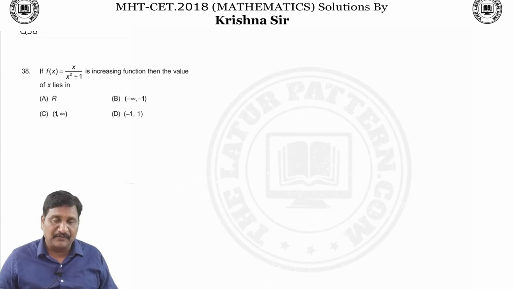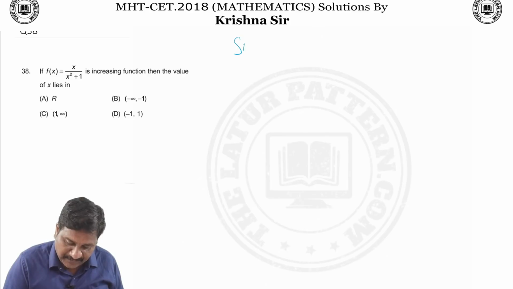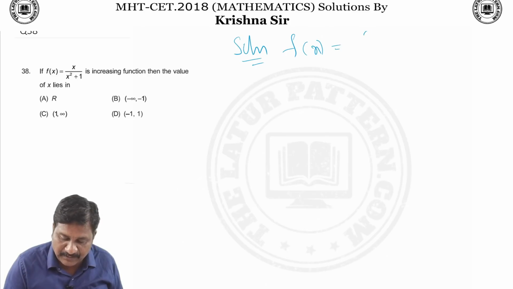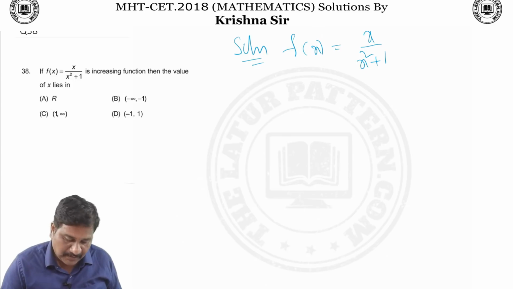The solution of question number 38. f of x is equal to x upon x square plus 1. Now it is an increasing function. Then find the values of x. For an increasing function, f dash of x is greater than 0.